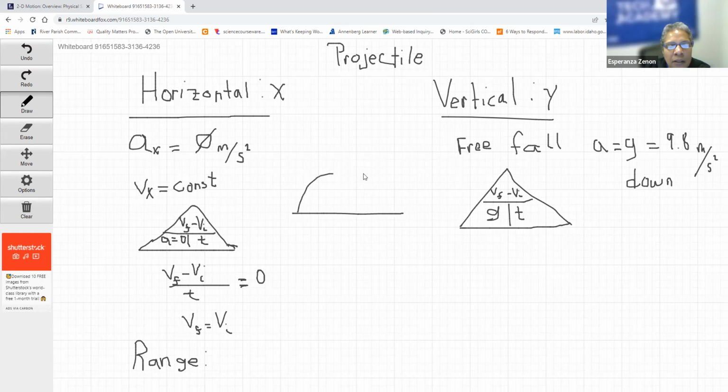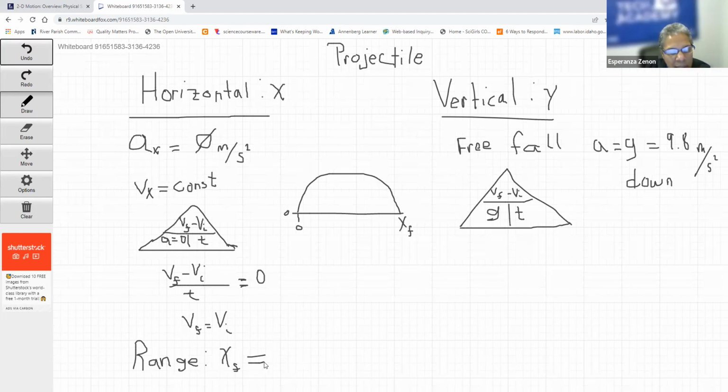Okay. So here's like our starting point. Everything is 0 here. And then we want to know our X final here. Okay. So our X final.